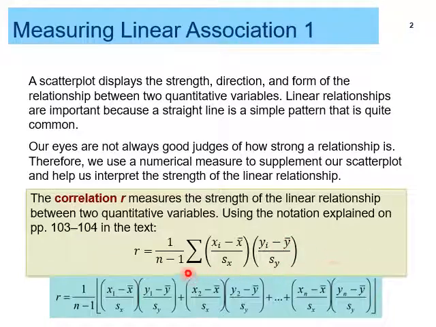So here we can understand that we are standardizing the variables, taking the summation of the variables' product, and taking its average. To explain it in a few words, it is an average of the products of the standardized x and y for the n observations. Here we are using n minus 1.